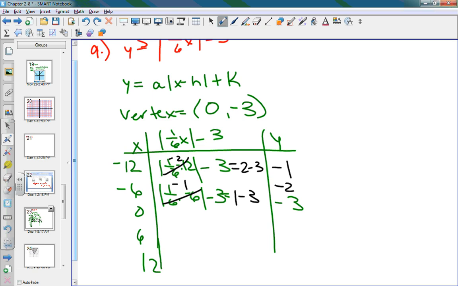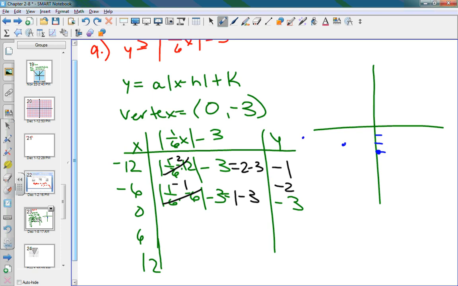So now, if I tell you that this thing is symmetrical, what's going to be my other two values down there? Okay, let's graph it. I graphed the point 0, negative 3. Then I have the point negative 6, negative 2.